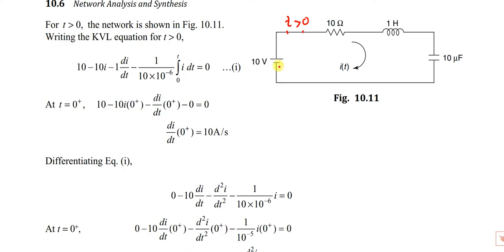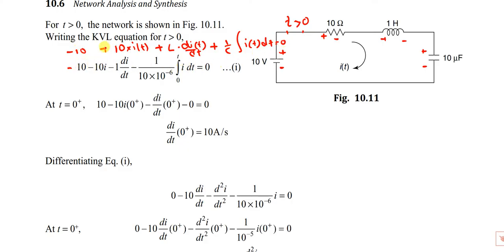It has voltages across R, L, C. Different books use different notation, so I'll use my notation: minus 100 plus 10 times i(t) plus L times di/dt plus 1/C integral of i(t) dt is equal to 0.